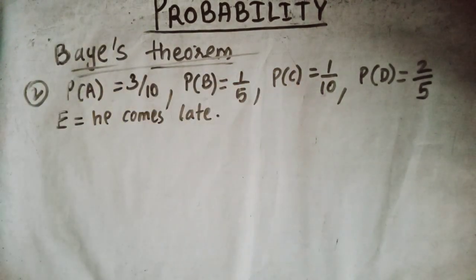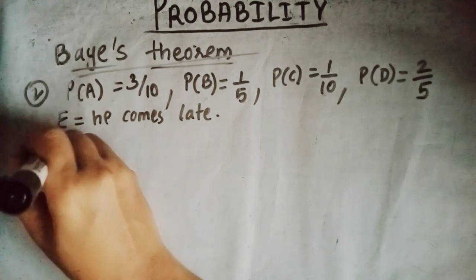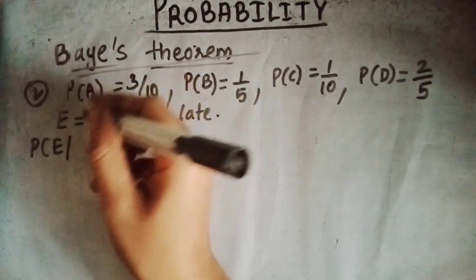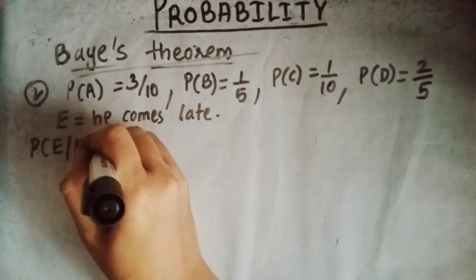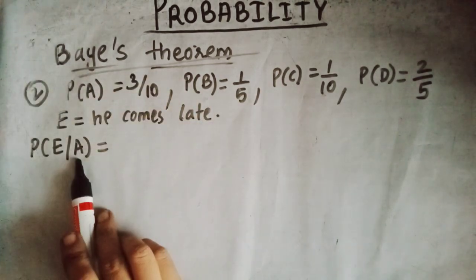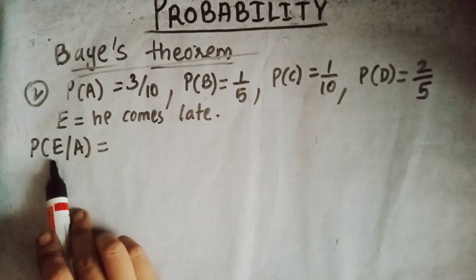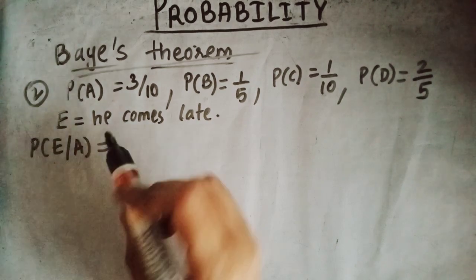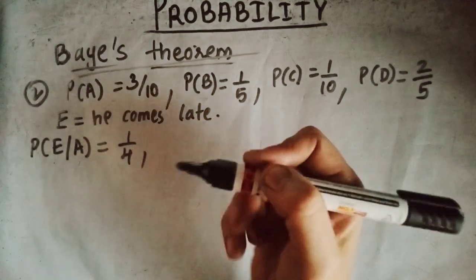Now he comes by train and he is late. So this becomes P of E over A. He's coming by train but he is late. So this is 1 by 4.